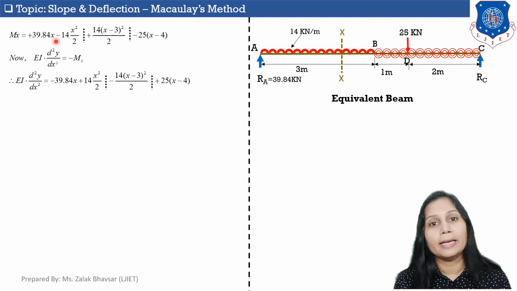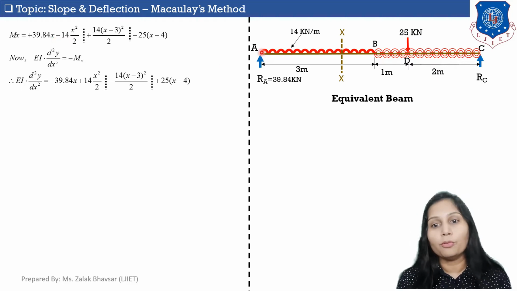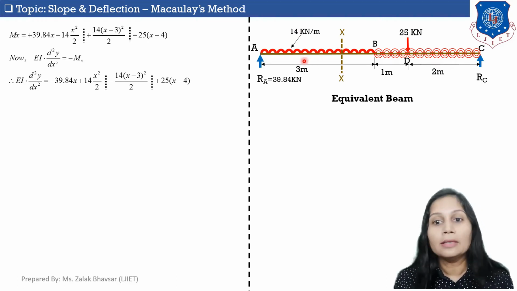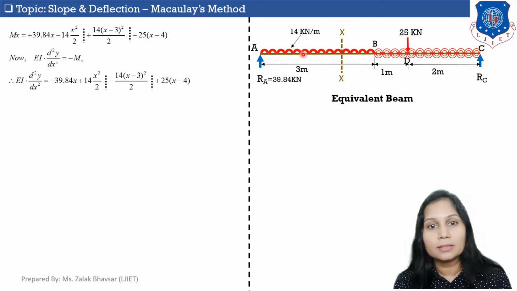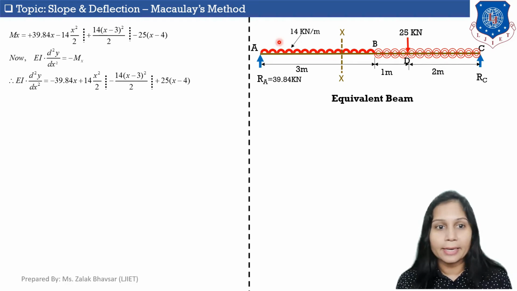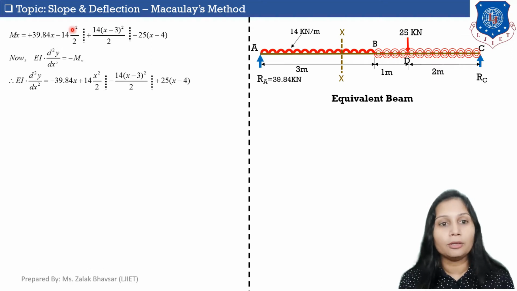The moment of this UDL about the section line XX will be 14 into x, which is the total load of the UDL, into x by 2, which is the distance at which this UDL acts from the section line XX. So the moment of this UDL about this section line will be 14 into x square by 2.